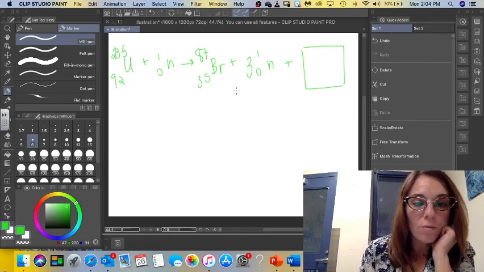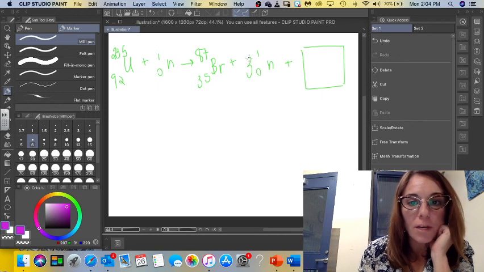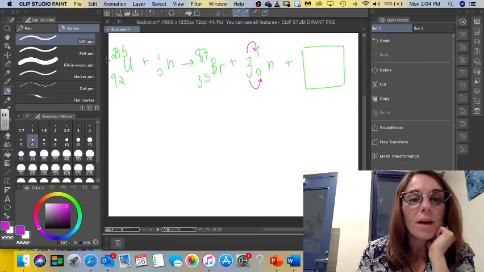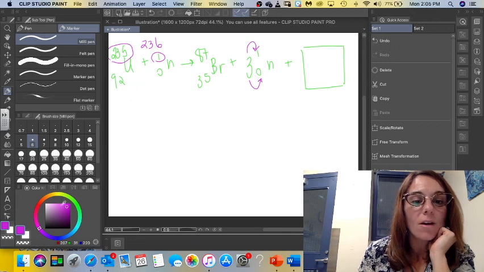First of all, when we're doing this, just take a look at some of the notation. I have 3 neutrons. This 3 gets multiplied by the different particles within here. On this side of my equation, I need to add up what the superscripts are. So this gives me 236. And then I also need to add up what the subscripts are.